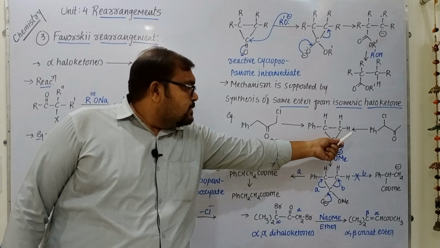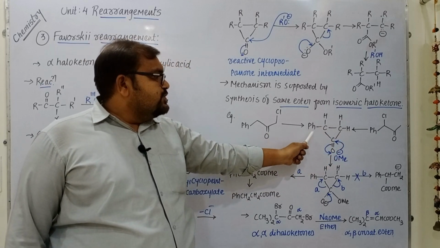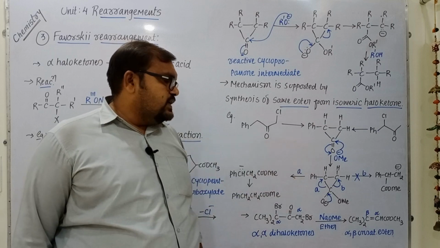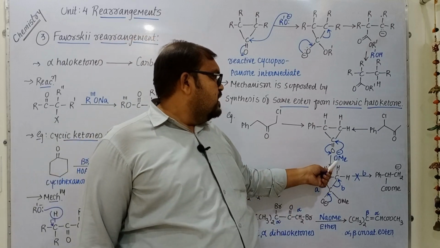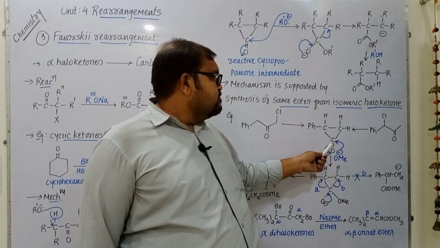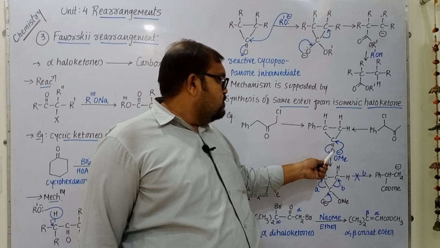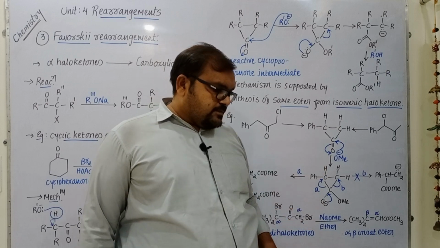From both these types of ketones we will get this type of substituted cyclopropanone intermediate, which will undergo attack by alkoxide over this carbonyl. This bonding pair will be shifted over oxygen and we will get this type of intermediate.